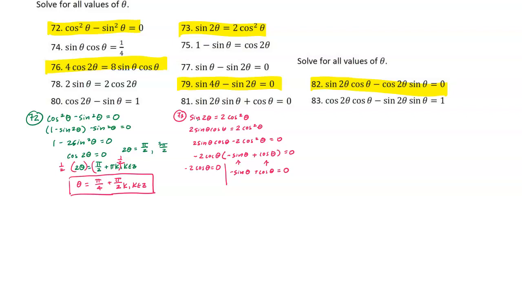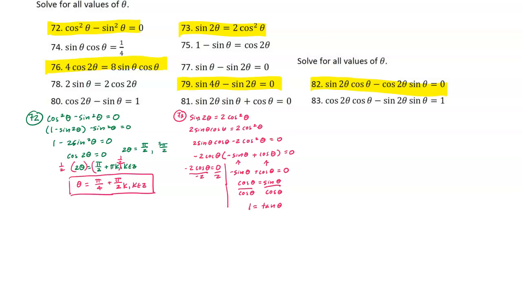But in this case, it's just two terms, and I can make this into cosine of theta equals sine of theta. And then I could divide both sides by cosine of theta. So this side becomes 1, and that just becomes tangent of theta. Okay, I could just divide this by -2.